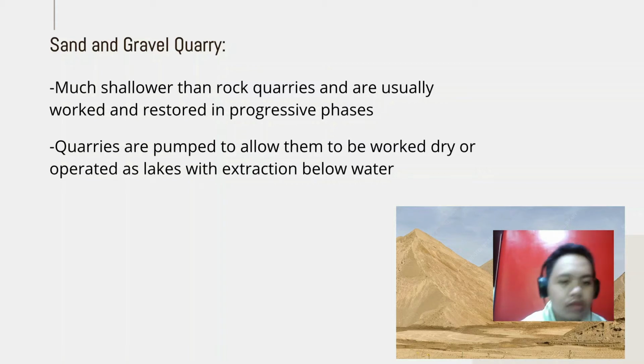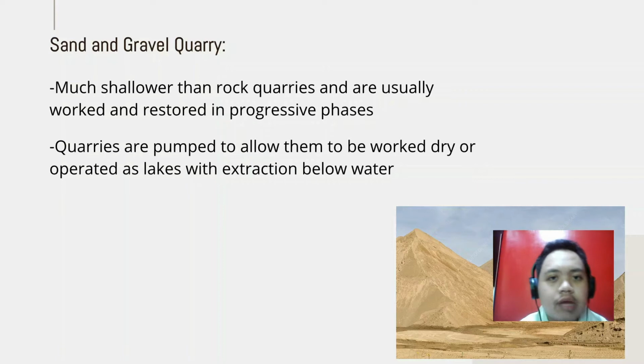So yung extraction below water, pag-uusapan natin yan. First, it is different from the rock quarries. Kanina sinabi natin the rock quarries use a crusher, so it will be worked down. So yung sand and gravel quarry naman natin, it will usually be worked and restored in progressive phases. So what does it mean?